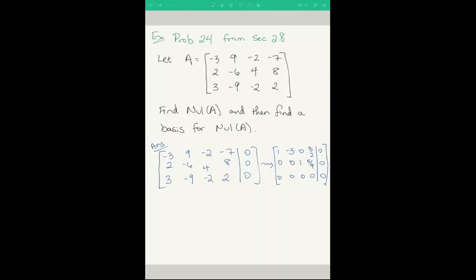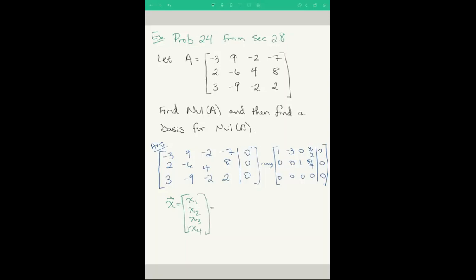That's parametric vector form. So what we might want to do for this is we say, all right, we want to know what the vector x is going to look like. So this is the vector x1, x2, x3, and x4. We want to know what possibilities we have for that.